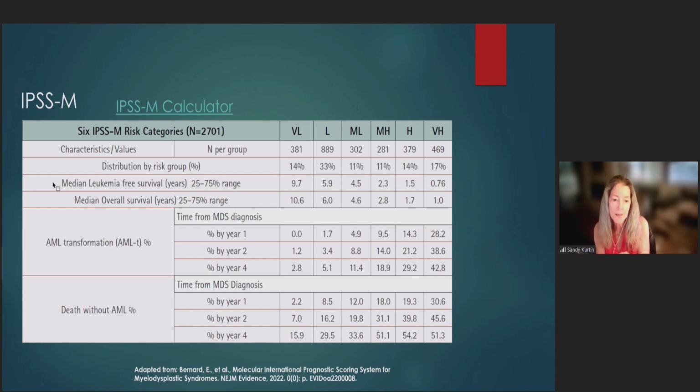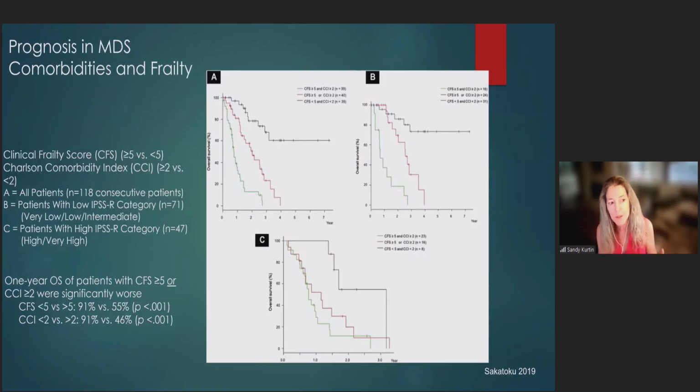But then look at AML transformation: 2.8% at 4 years in very low, as opposed to almost 43% in very high. So again, in high-risk patients, transformation to leukemia tends to be their cause of death. Low-risk patients, not likely. They're going to have other factors. And some of those other factors are frailty and comorbidities.